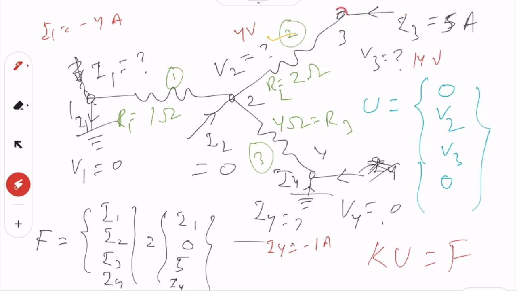So 4 plus 10 potential difference has to be 14, and hence V3 equal to 14 volts. So this is correct.